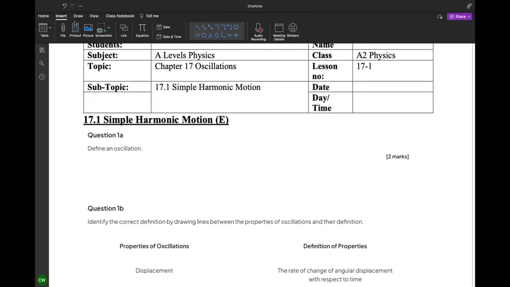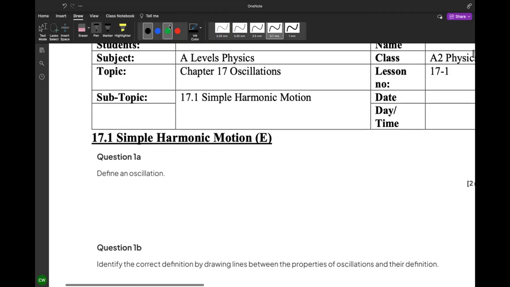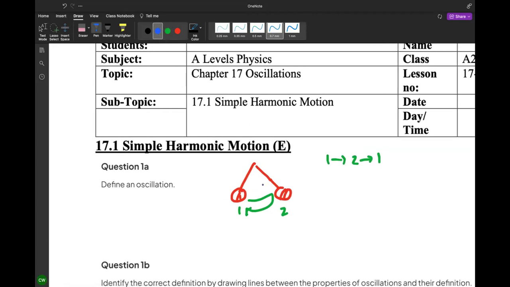Just one example: we can consider a pendulum probe. One oscillation is 1 to 2 back to 1. That means you have to go back to the same position. And then there is a middle line. What is the name of the middle position?